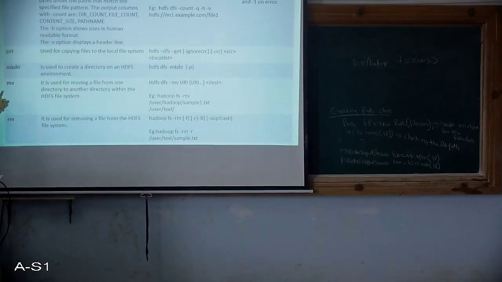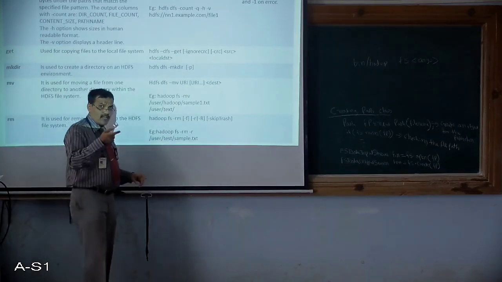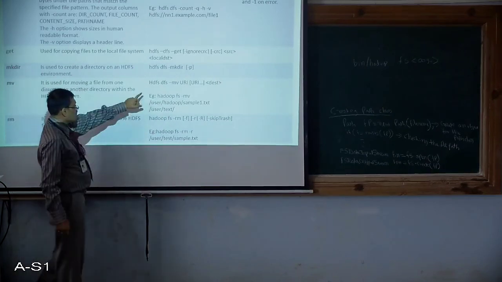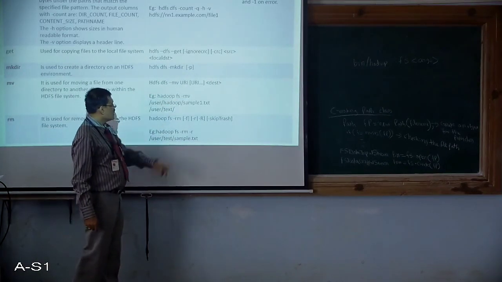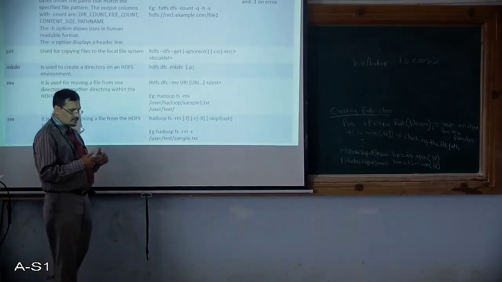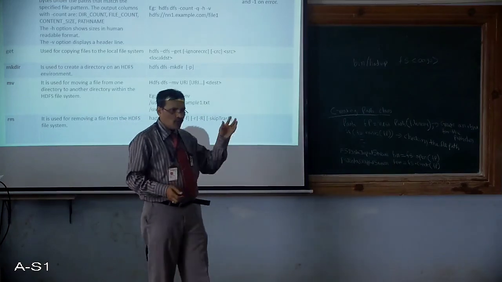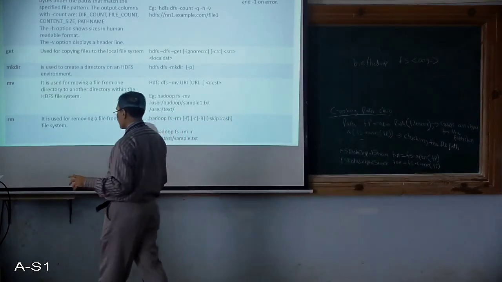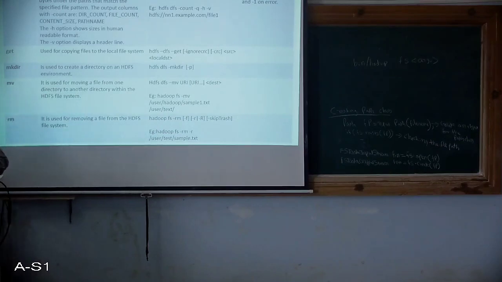Then the next command is mv, which is used for moving files from the source to the destination within the HDFS. hdfs dfs -mv URI. Within the HDFS, we can move files from one location to another using this command.